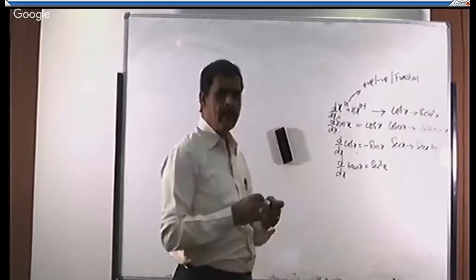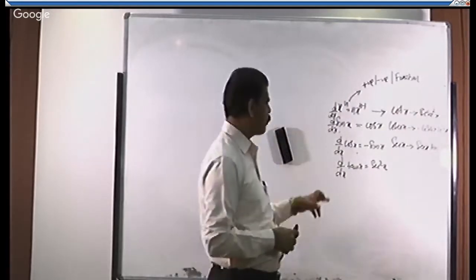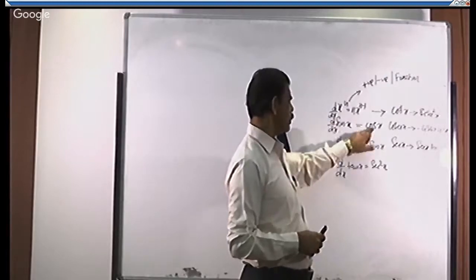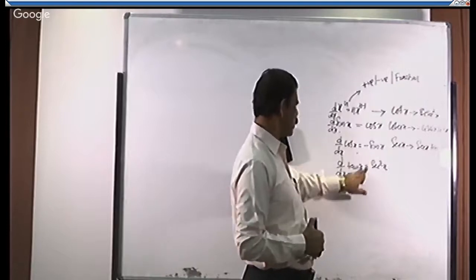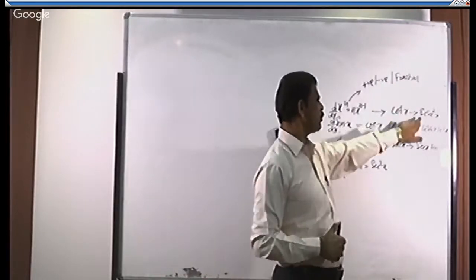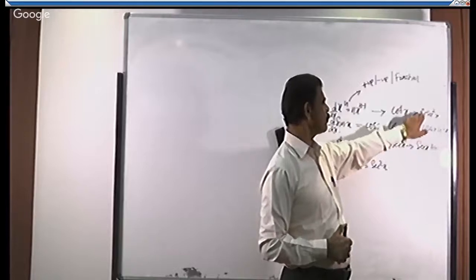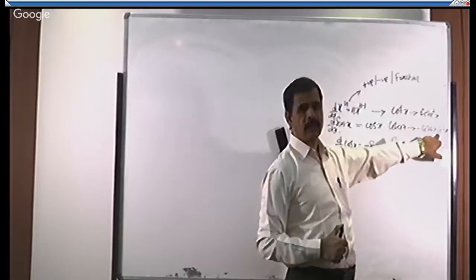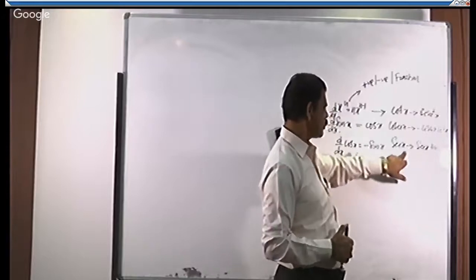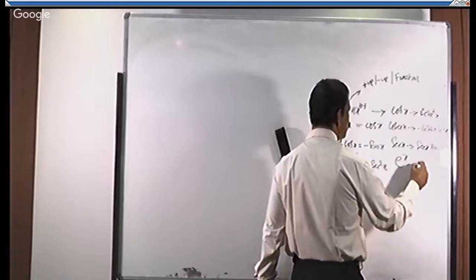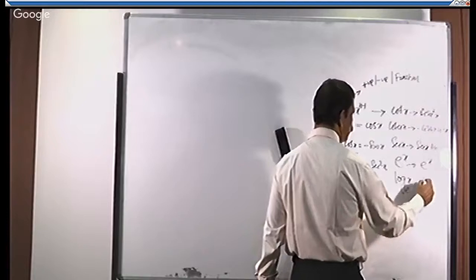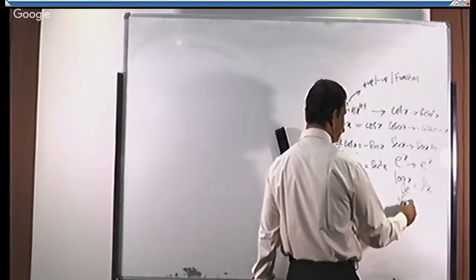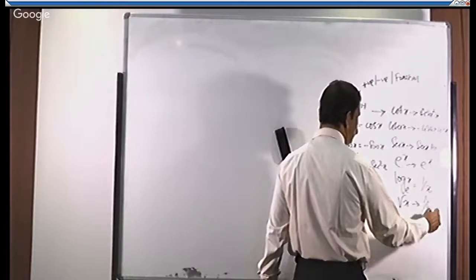These are the derivatives of trigonometric functions. Differentiation of sin x is cos x. Differentiation of cos x is minus sin x. Differentiation of tan x is secant square x. For cot x, you will get minus cosecant square x. For cosecant x, you will get minus cosecant x into cot x. For secant x, you will get secant x into tan x. For e power x, you will get e power x only. For log x to the base e, you will get 1 by x. For root x, you will get 1 by 2 root x.